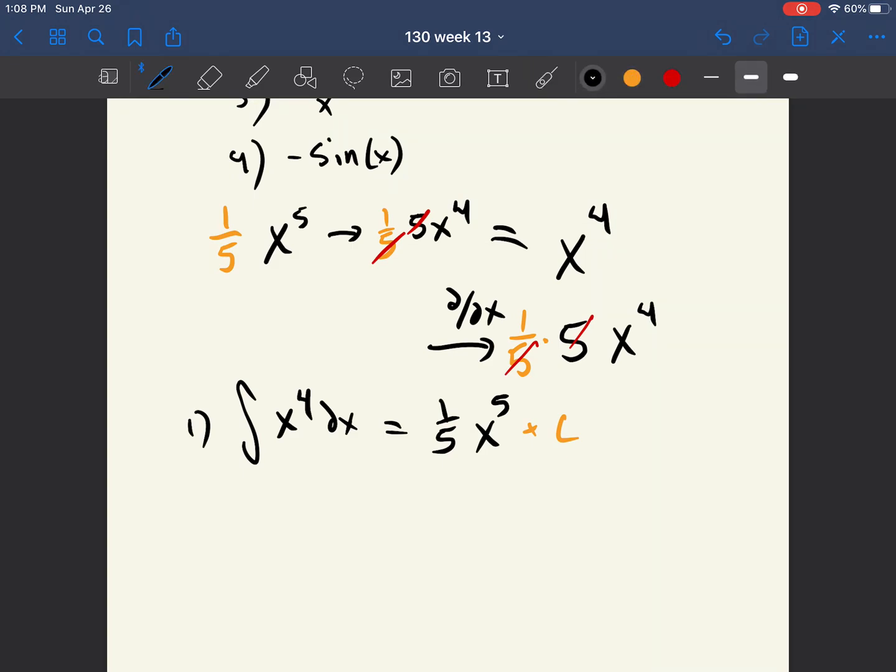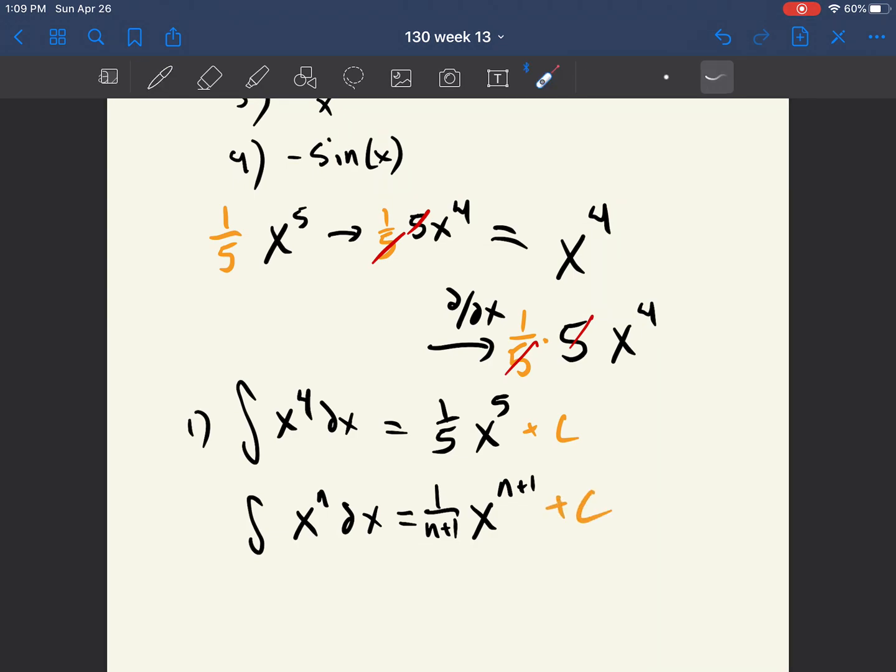Actually, I'll mention here that there's a more general rule. When you're finding the antiderivative of x to some power n, what you do is you add 1 to the power, so we'll have n plus 1, and you divide by the new power. So you're going to have times 1 over n plus 1.